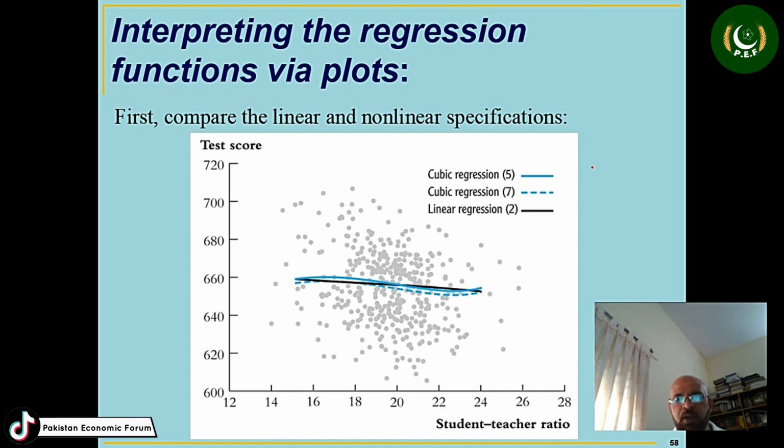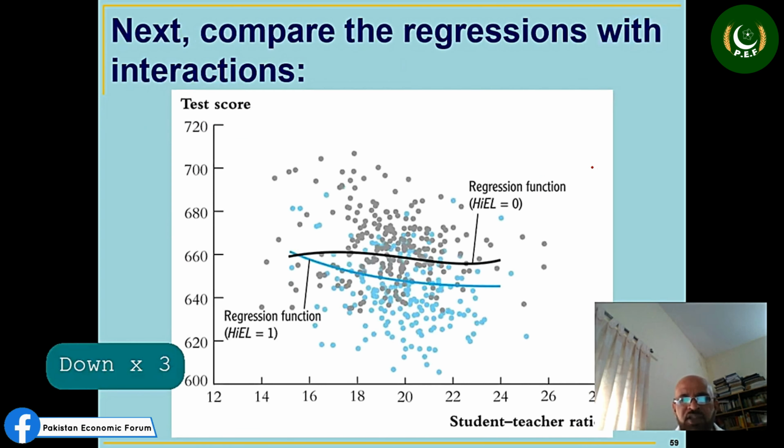So, the superintendent's problem: he wants to reduce class size by 2. In general, it will not have a different impact at different ranges, except at the very beginning or at the very end, where very few data observations lie.